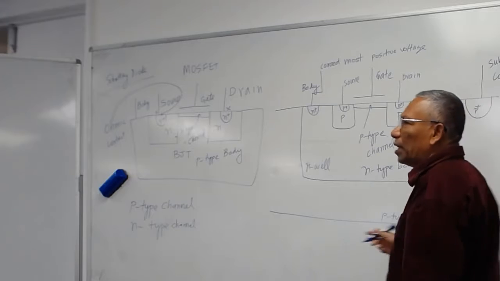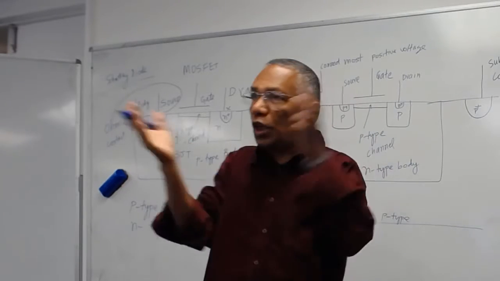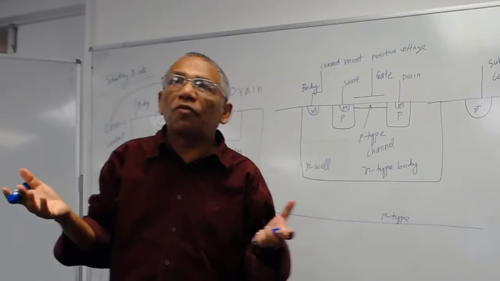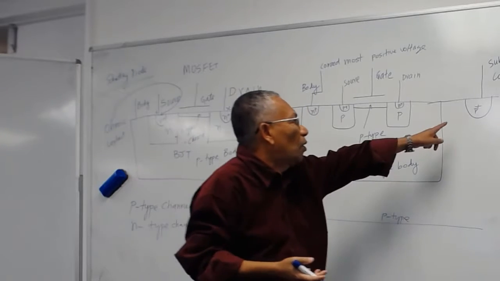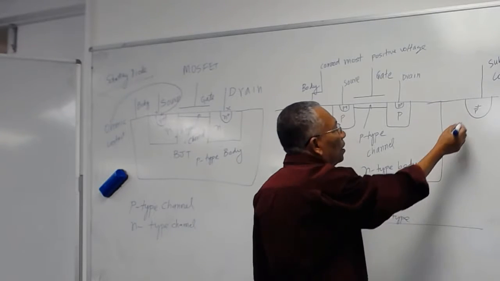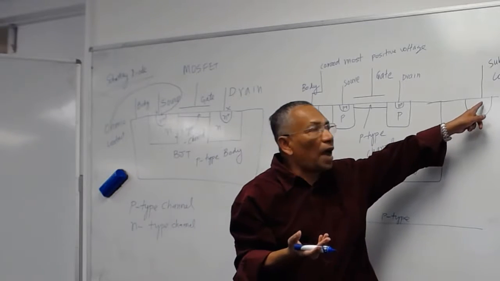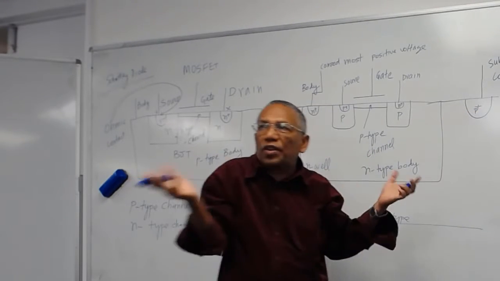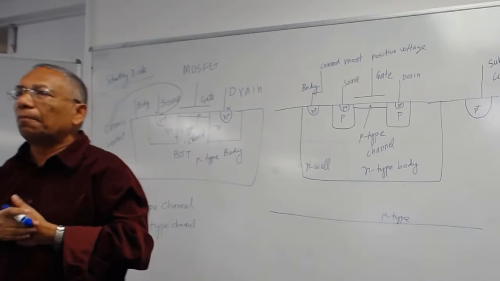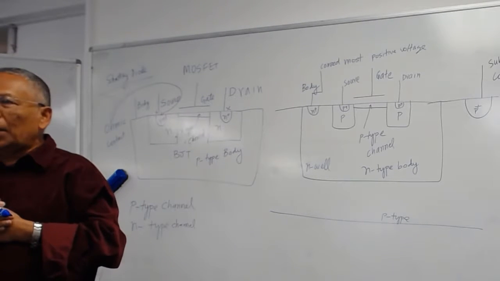So if your maximum voltage is 5 volts and your minimum voltage is 0 volts, then you connect 0 volts here. If you connect 0 volts here, you see P and this is N, it will not be turned on because this is at the lowest potential. So none of the junctions can actually turn on.